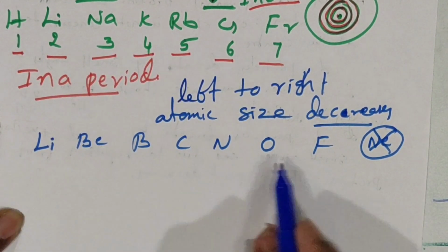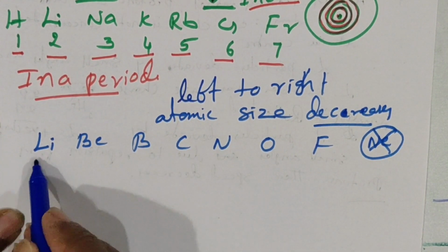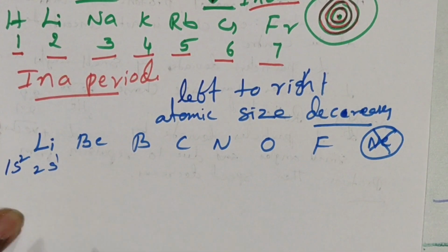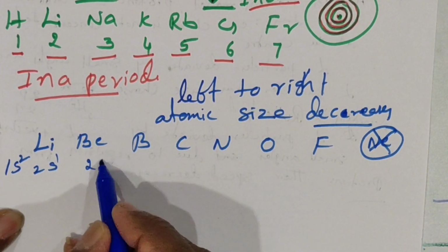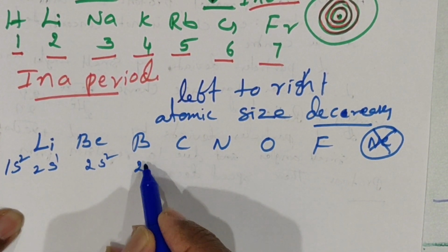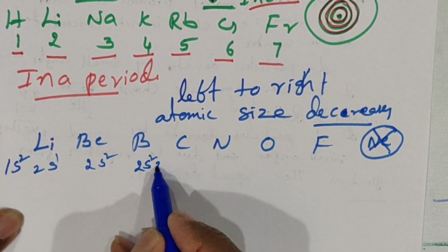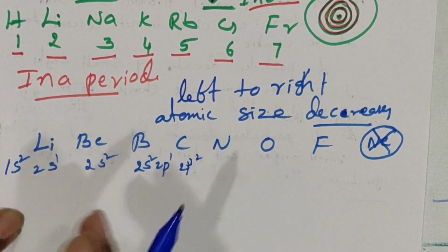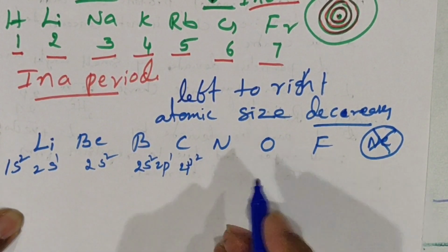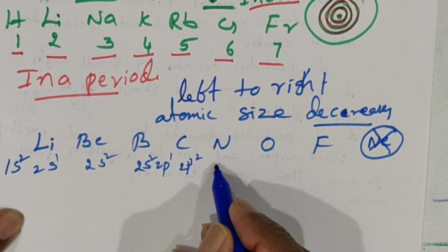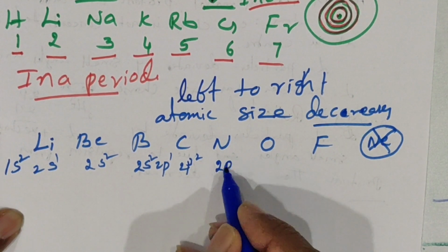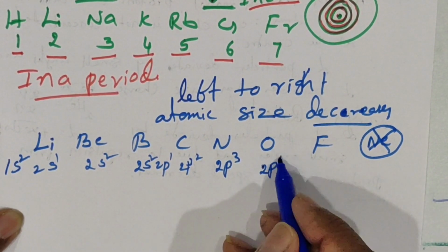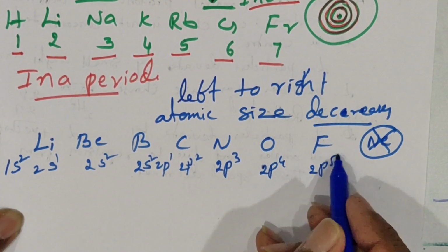Right? Now in these cases, lithium has 1s2 2s1 configuration, beryllium 2s2, boron 2s2 2p1, carbon 2p2, that is 1s2 2s2 2p2, nitrogen 1s2 2s2 2p3, oxygen 2p4, fluorine 2p5.